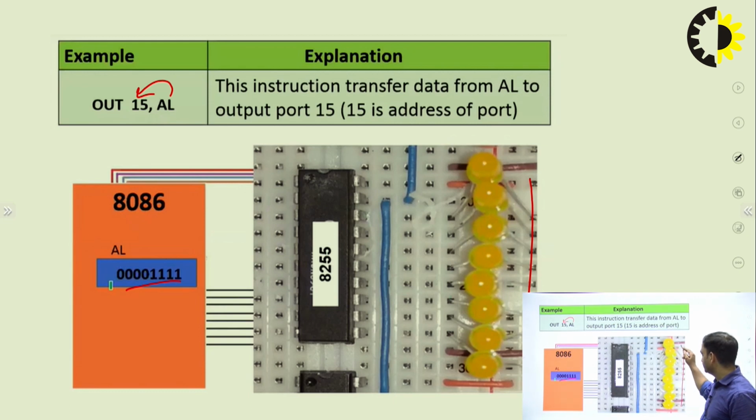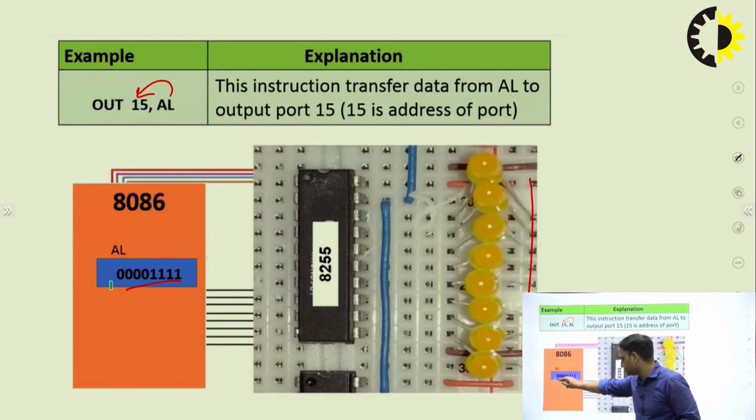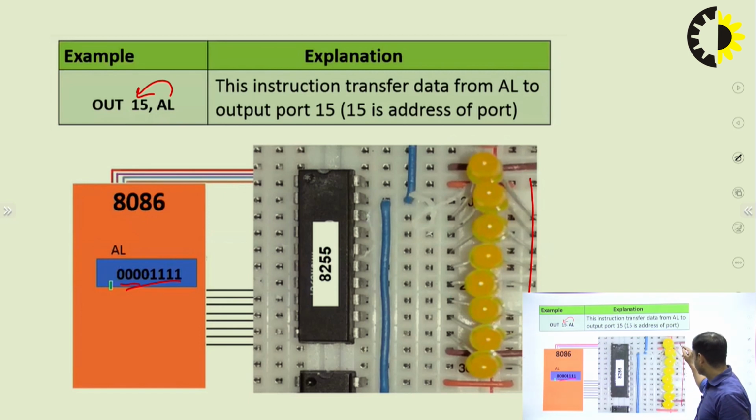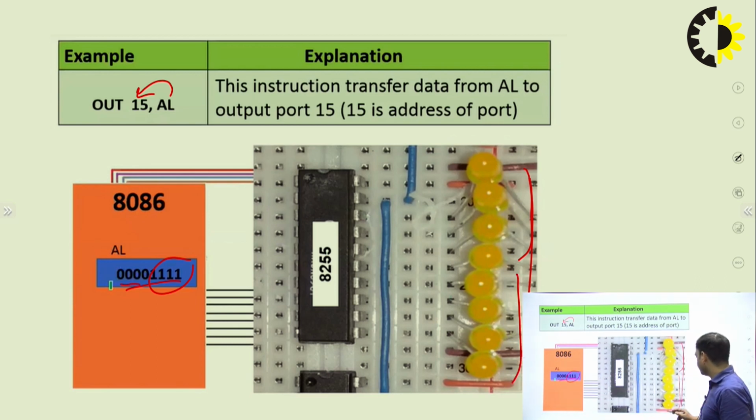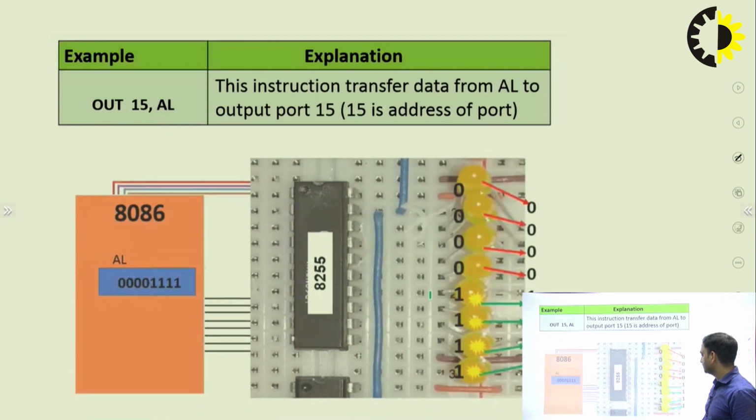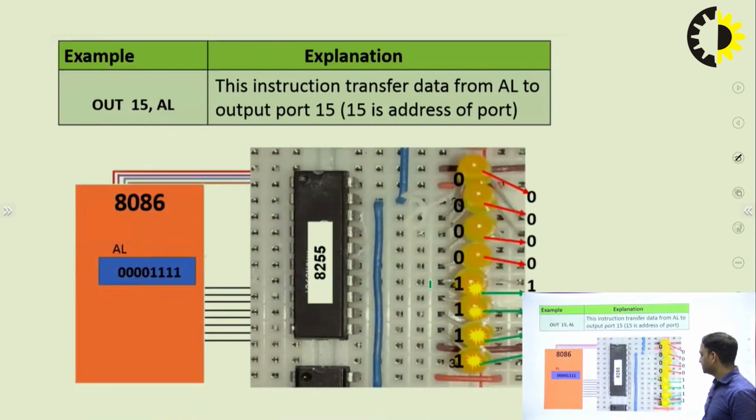These are the 8 LEDs, and these 4 zeros represent the off condition of these 4 LEDs, and the ones represent enabling, or switching on, these LEDs. So this is the representation of the OUT instruction.